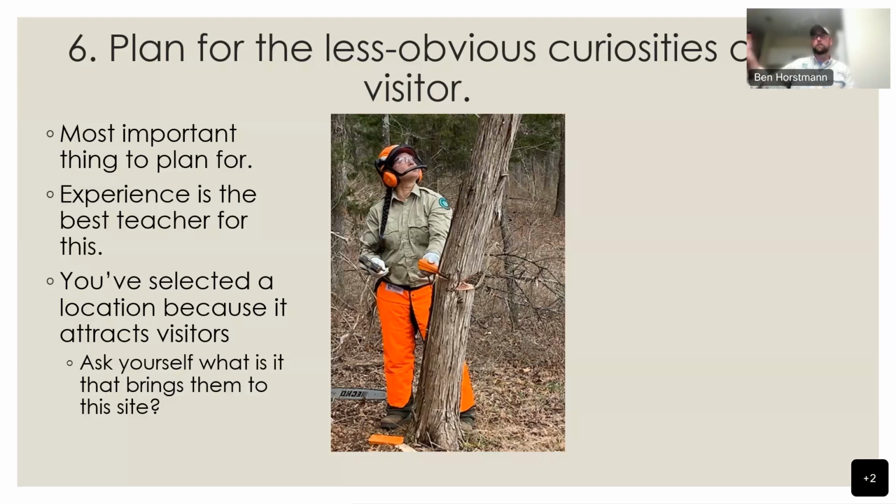So be ready that there are going to be people that are there for a different reason than you. I always think about Turnbull Birding Center, right? People come to Turnbull Birding Center, and one would think you're going there for the birds, but a lot of them are there to see that big alligator, which I think is named Boots. I'll have to check on that, but I'm pretty sure the huge, 10 to 12-foot alligator is a big attractant to people.